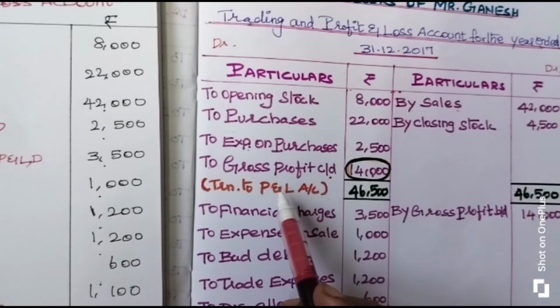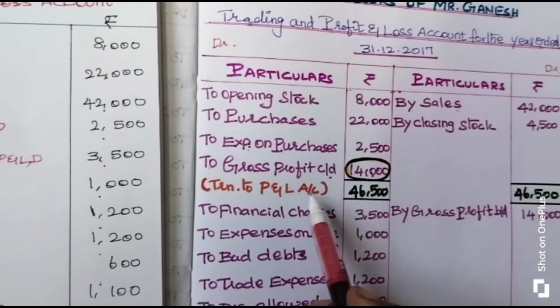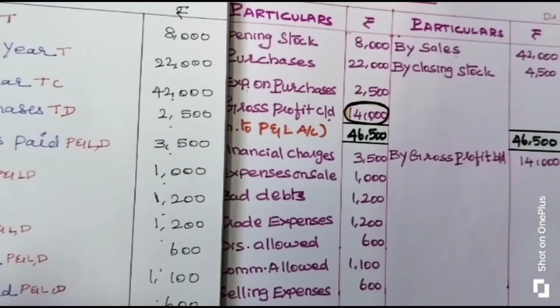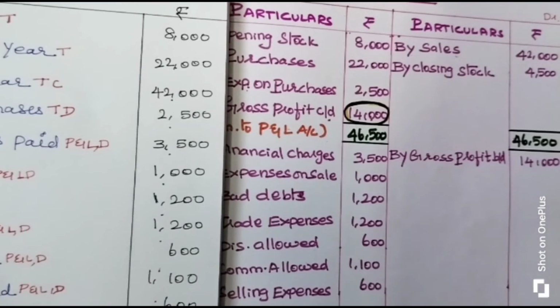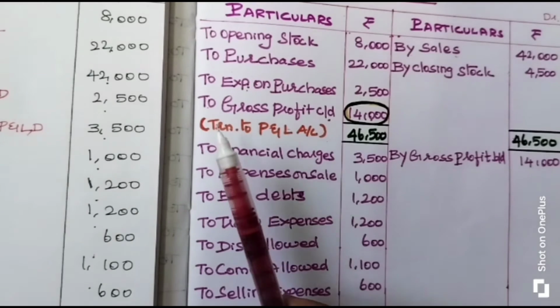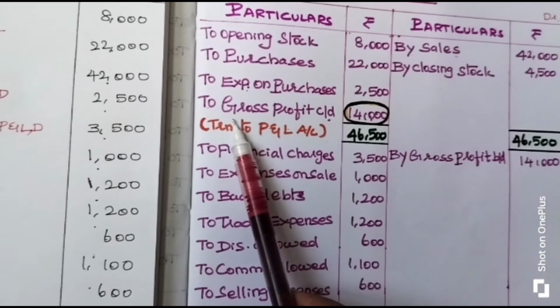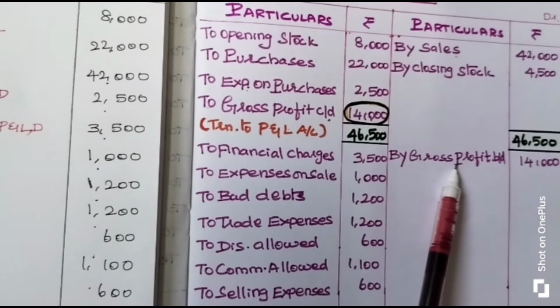Okay, so we completed the trading account. Now we are going to prepare the profit and loss account. Whenever you start the profit and loss account, you have to transfer the gross profit you found in the trading account into the profit and loss account.